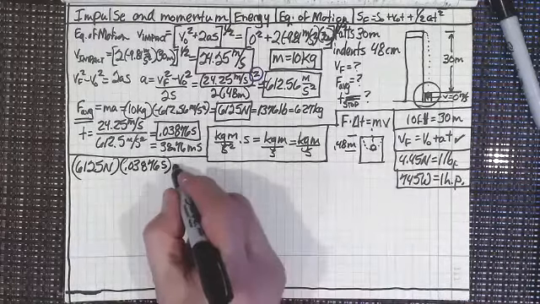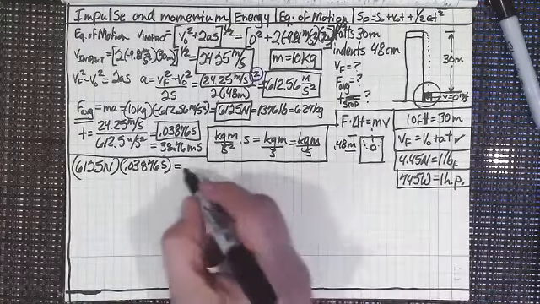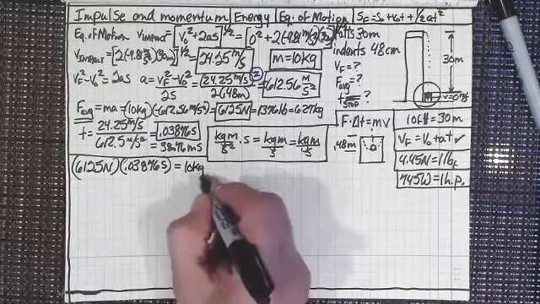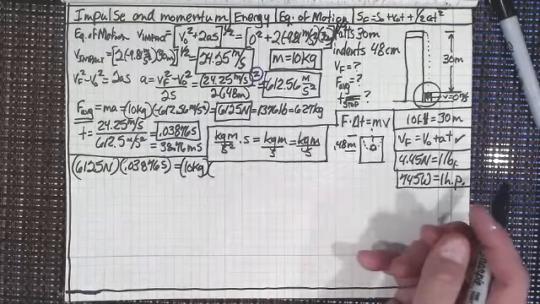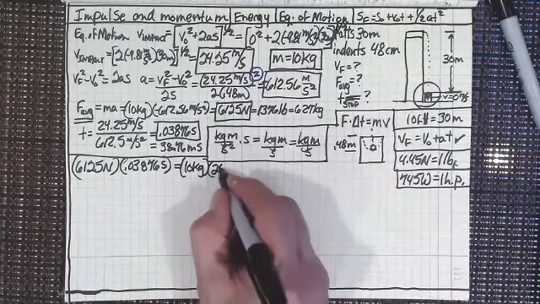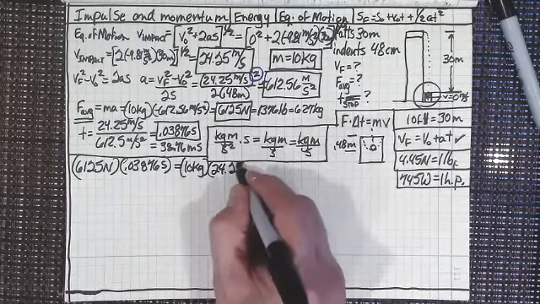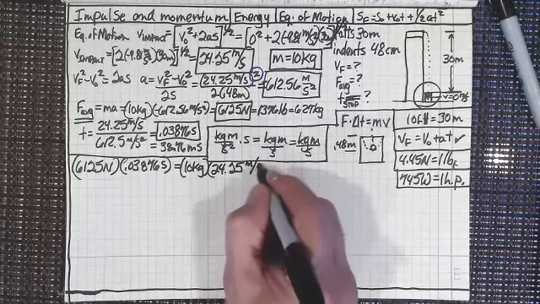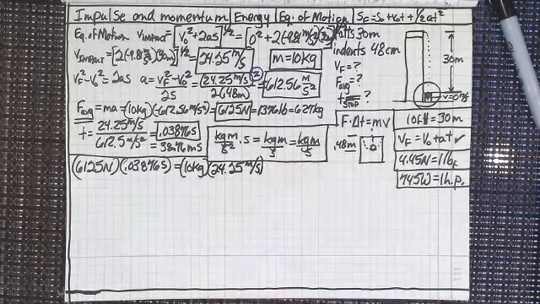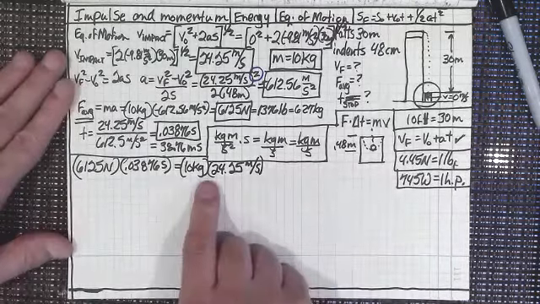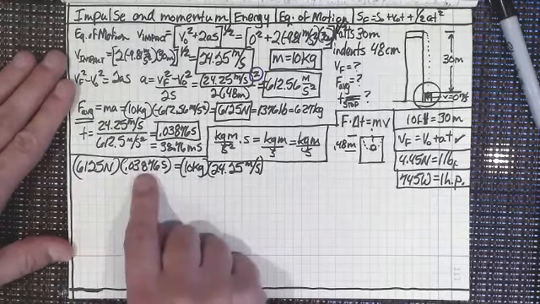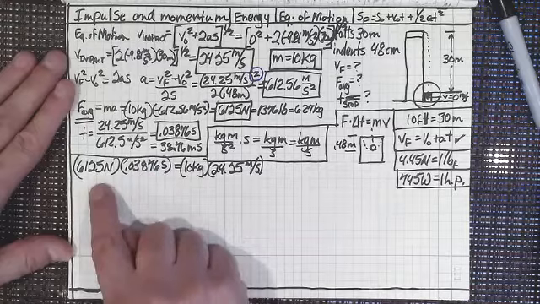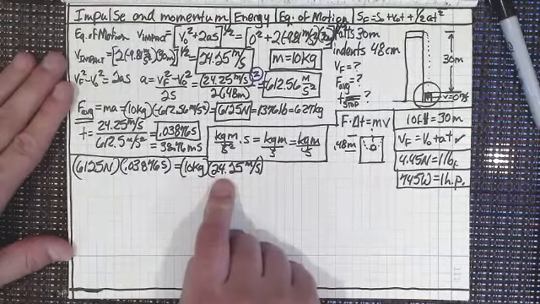And that should equal the mass, which is 10 kilograms, times the velocity, 24.25 meters per second. Wasn't that the velocity right before it hit? So I'm now turning my velocity into a force for a period of time. Here's my impulse. Here's my momentum.